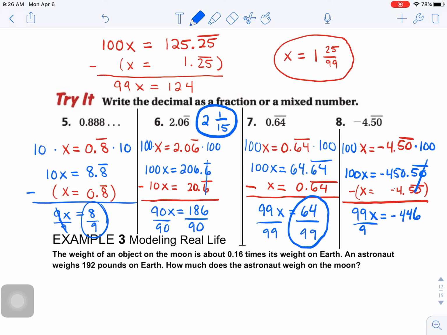Then again, I can divide by 99, and I can simplify that. So I would get negative 4 and 50/99.